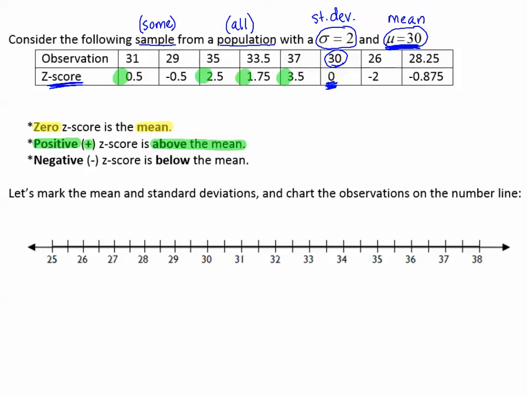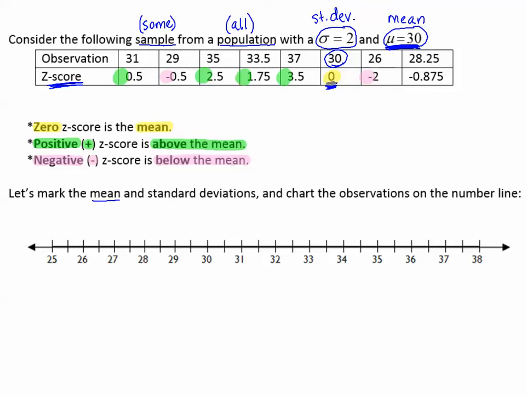Remember that 0 means that observation is the mean, so positive will be above the mean. When you see negative z-scores, you will have numbers in this sample less than the mean, which is 30, so less than 30. A negative z-score indicates that the observation is below the mean.